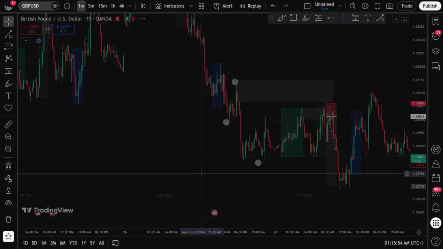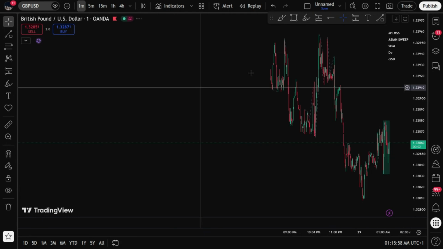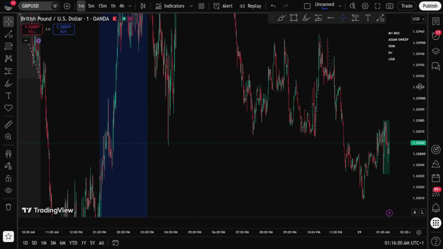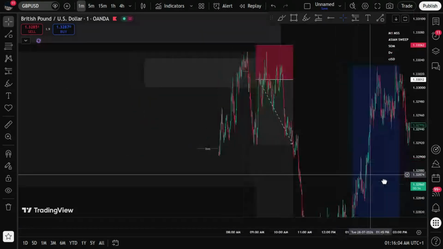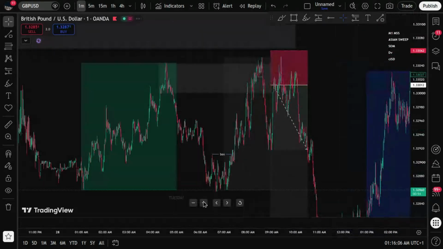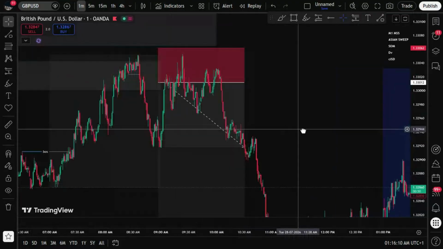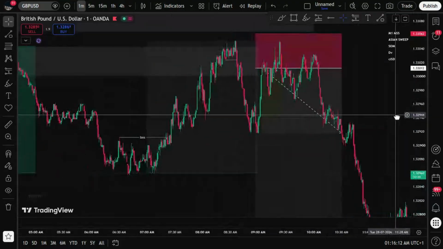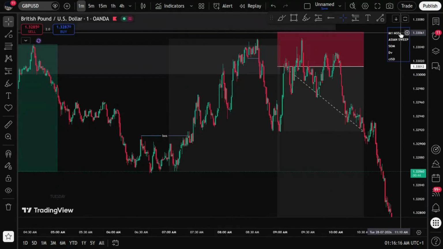So the M1 does it all for me, because this is what will make you an intraday trader. As you can see, this is my 5 checklist. It's always on my chart for guidance. Alright, so this is when price came into my zone. The first thing is the M1 market structure shift.